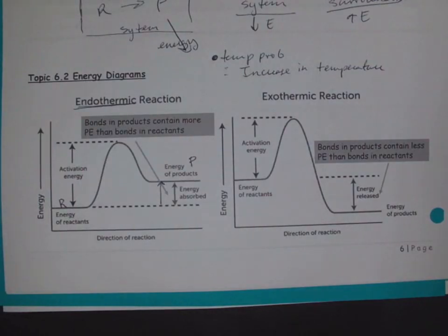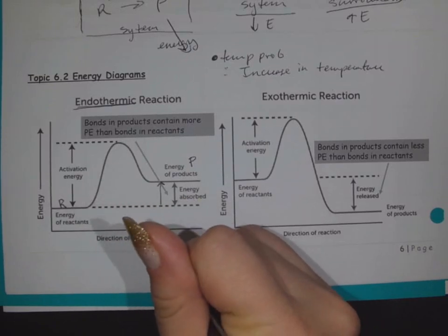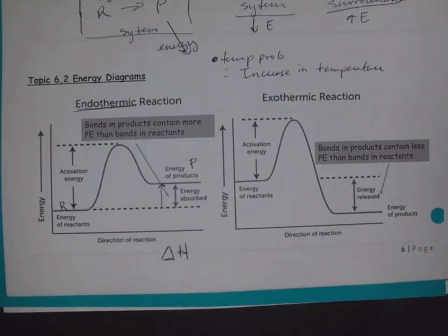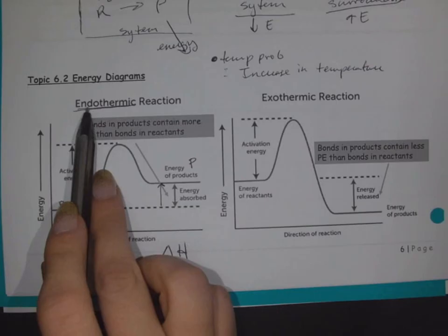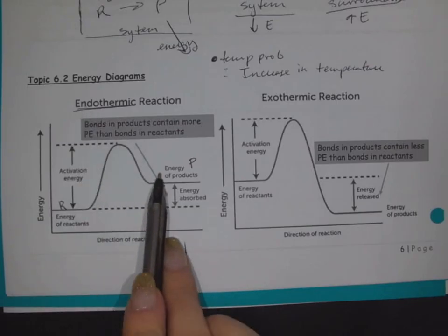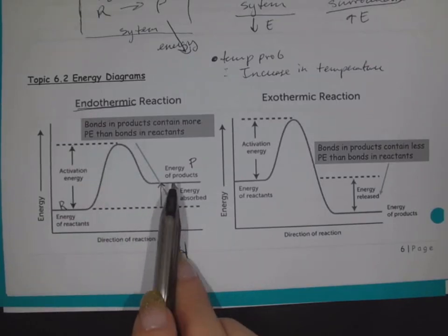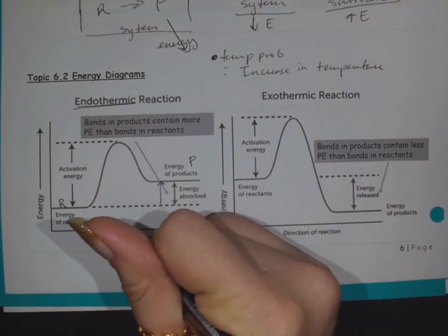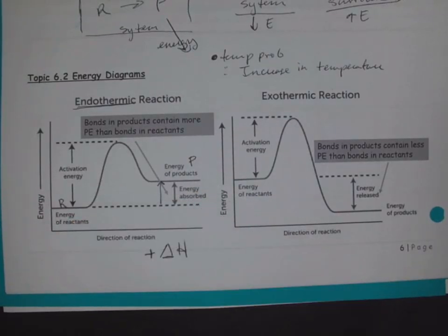Another way to say energy is enthalpy, and the symbol for enthalpy is delta H. So my total change in enthalpy, when it is endothermic, is positive because we're gaining energy, because we're talking about the system right now, not the surroundings. The system had a positive change in enthalpy. It increased in the amount of energy.